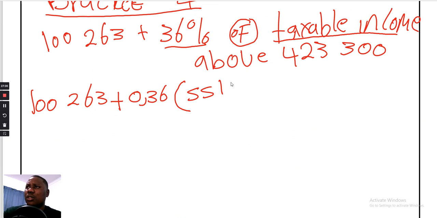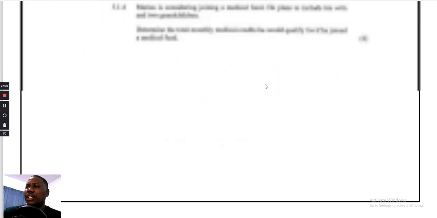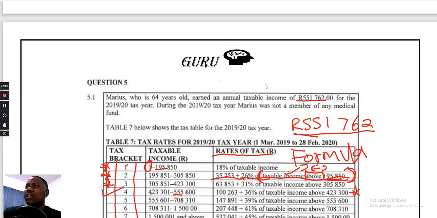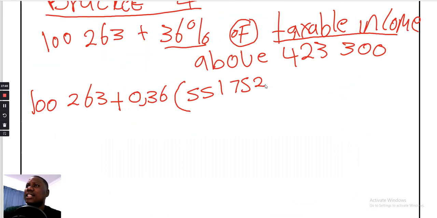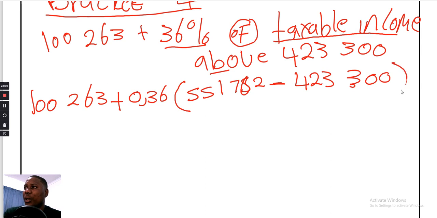Okay, I will check it. 762. Okay, then the amount above which we subtract. What do we subtract? 432,300. Okay, and then we close off the bracket.